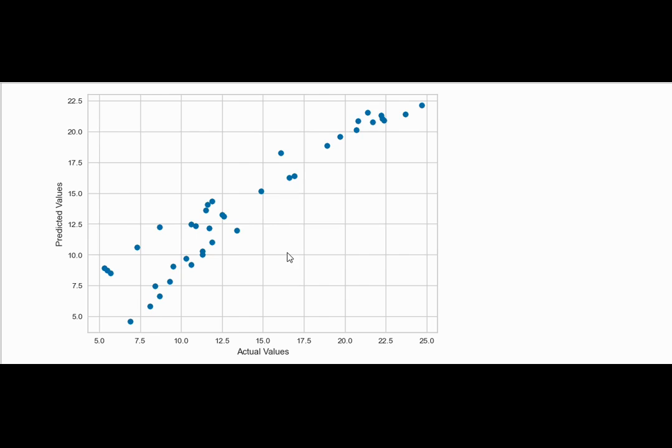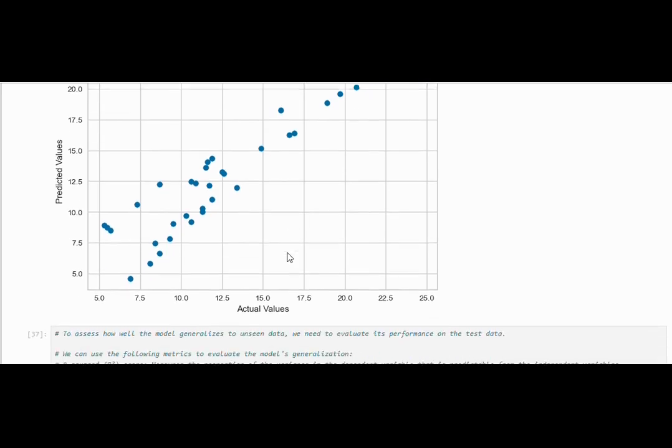If the points are consistently above or below the 45-degree line, it may indicate that the model is biased. By examining these plots, I have gained insights into the model's strengths and weaknesses, identifying potential issues and refining the model to improve its performance.